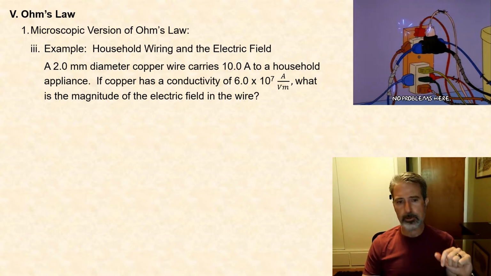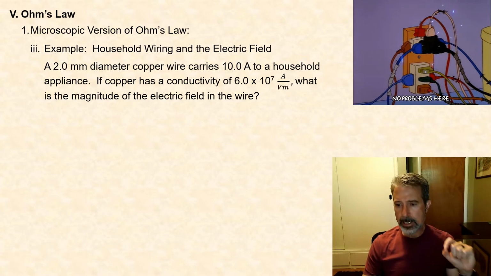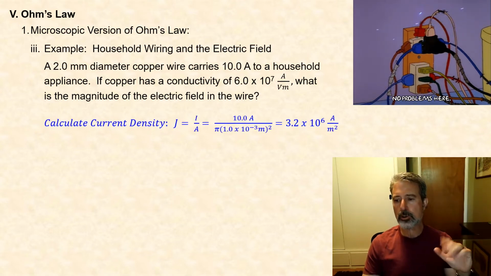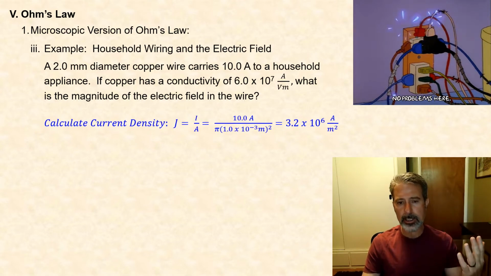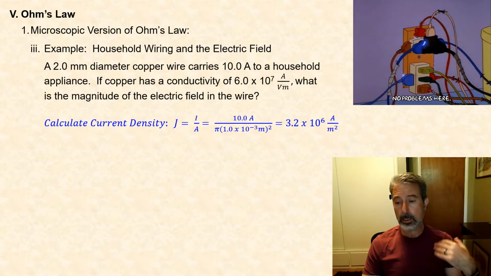So using Ohm's law is fairly straightforward. We will have to use Ohm's law in conjunction with the definition of current density here. So let's start by using the definition of current density to calculate the magnitude of the current density for this current-carrying conductor.